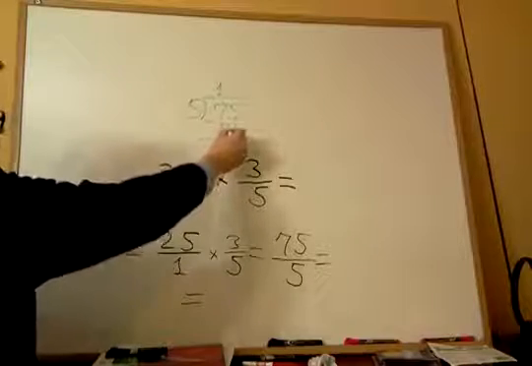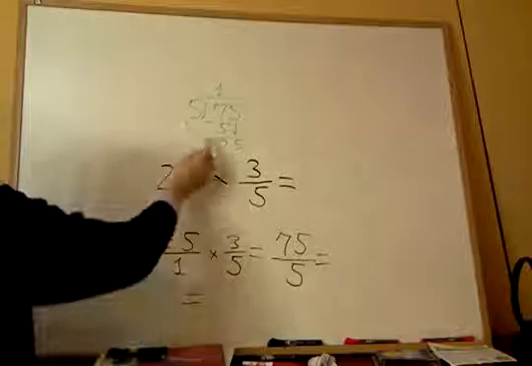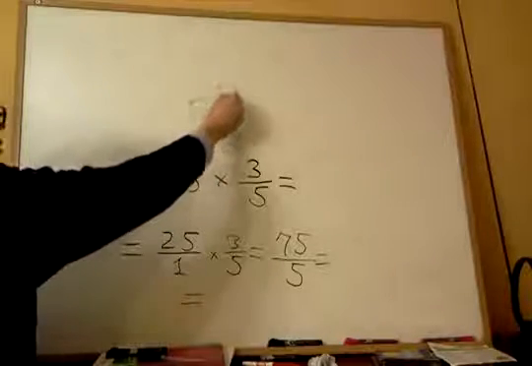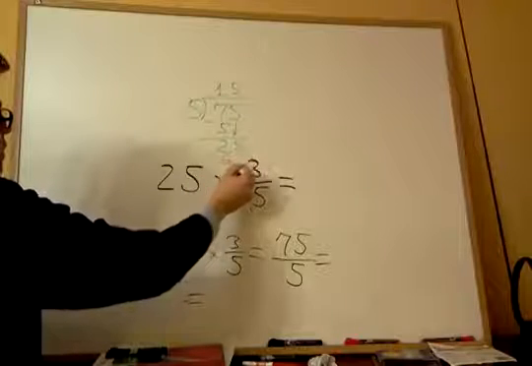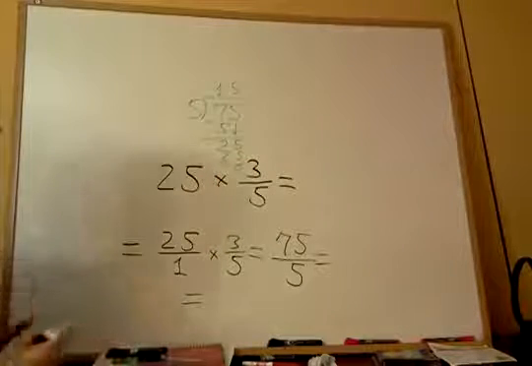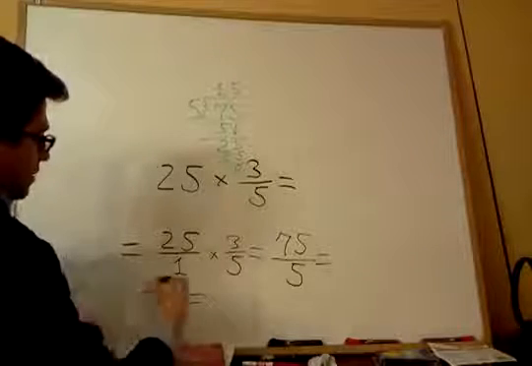Now I bring down 5. And 25 divided by 5 is 5. 5 times 5 is 25. 25 minus 25 is 0. So there is no remainder. So the answer is 15.